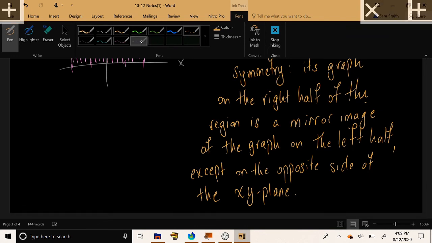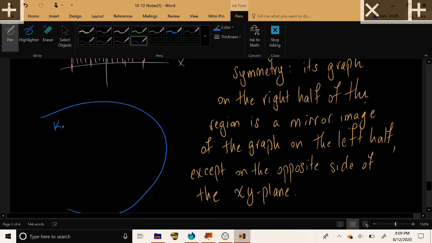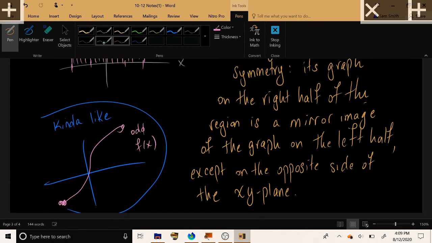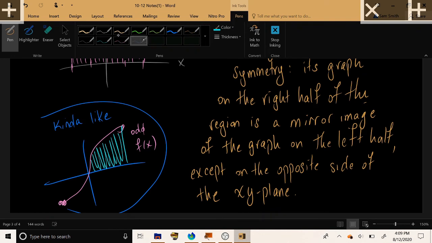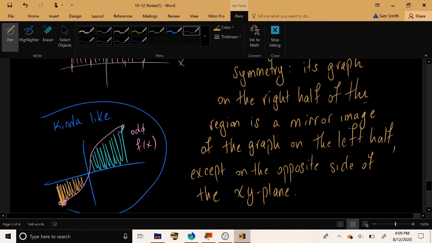So in terms of single variable equivalence, this is kind of like when we had an odd function, odd f of x, and the net area on the right hand side of the function was a complete cancellation to the area on the left hand side of the function. Cancel. Due to symmetry.